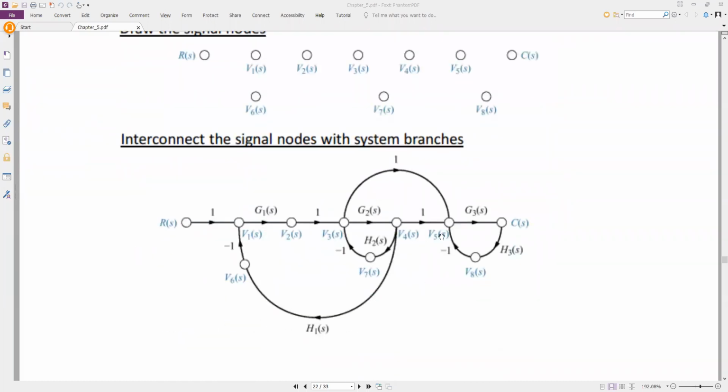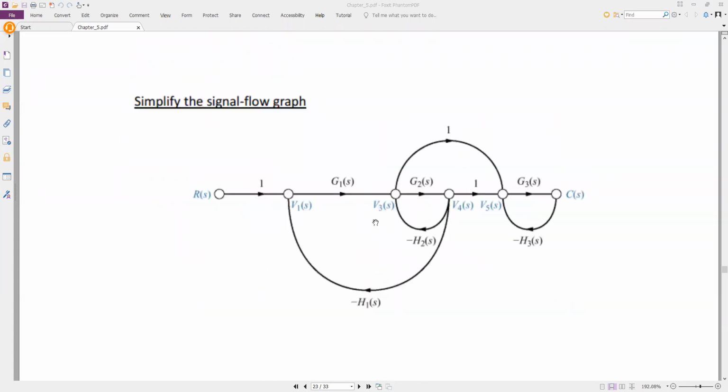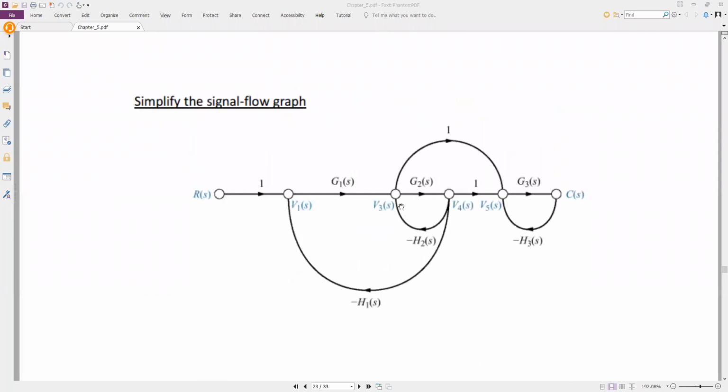Then finally you will get the signal flow graph. Conversion to the signal flow graph is done. Or you can simplify it. Instead of these two, you can write G1, and other things are as they are.